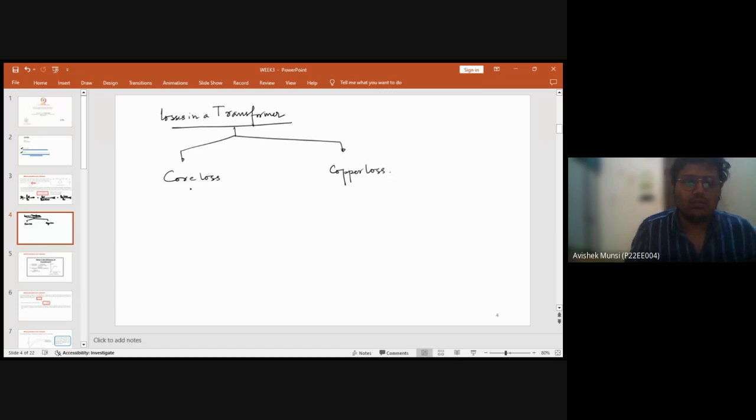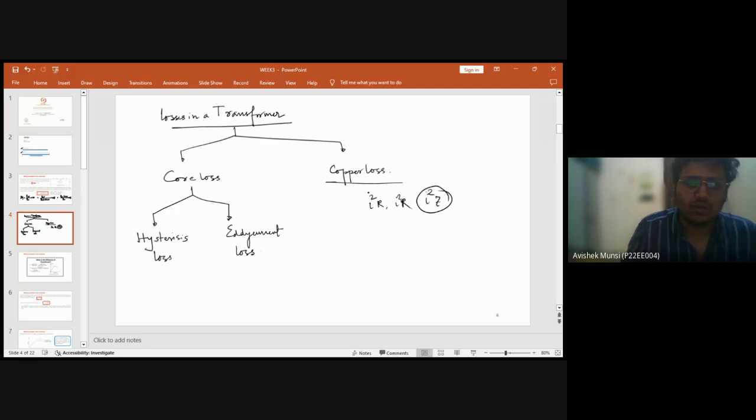Core loss can also be subdivided into two categories, which I discussed last week. That is hysteresis loss, another one is eddy current loss. All of these are magnetic losses. The copper loss is basically due to I square R, I square X, basically I square Z. These losses are called copper loss.